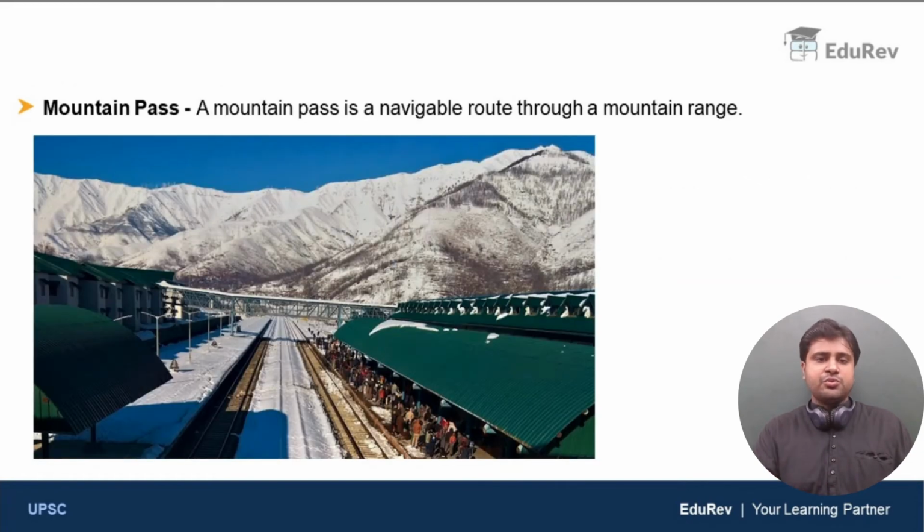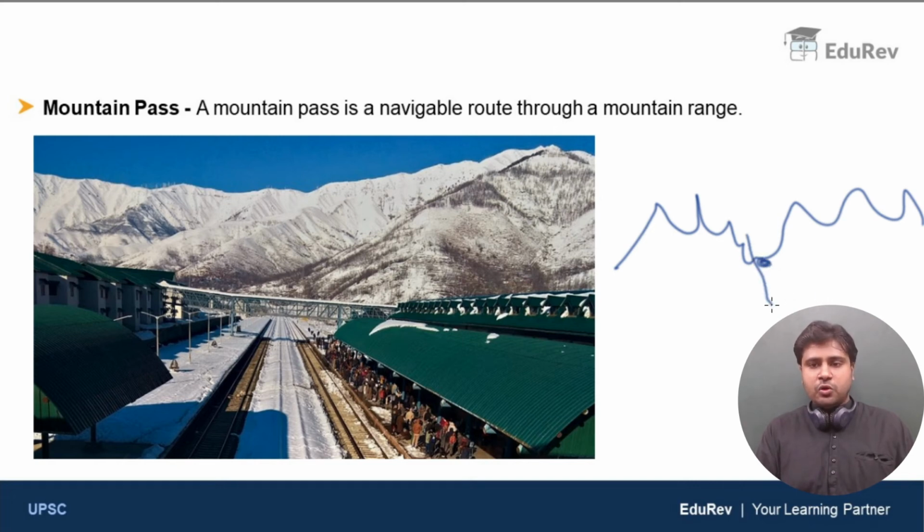First of all, let us try to understand what a mountain pass is. A mountain pass is a navigable route through a mountain range. So just imagine there is a mountain range like this. Now, this is a navigable route through which you can cross over the range. So such paths through a mountain range are nothing but mountain passes.